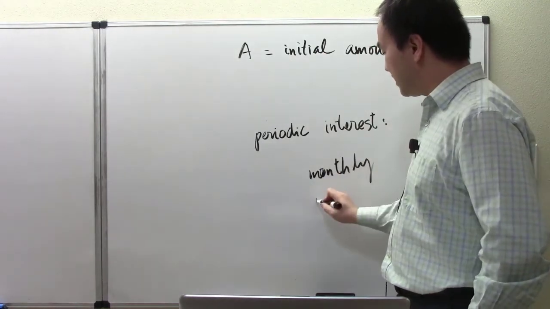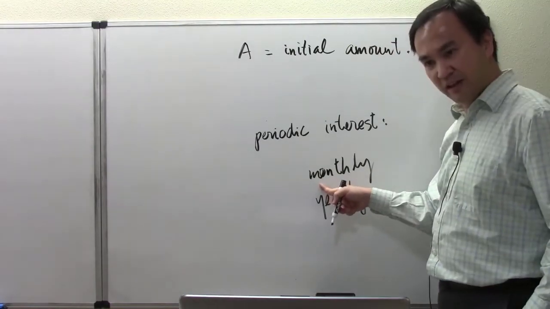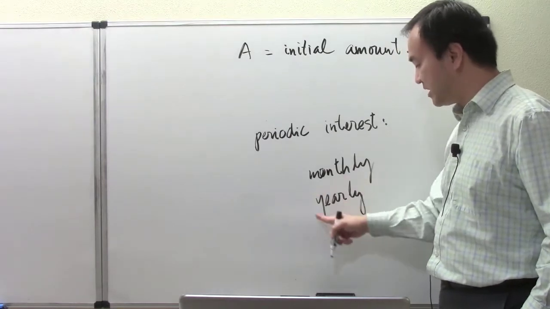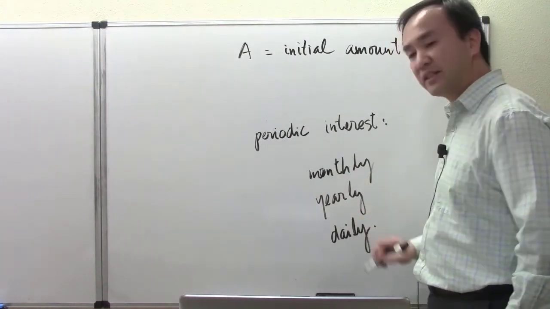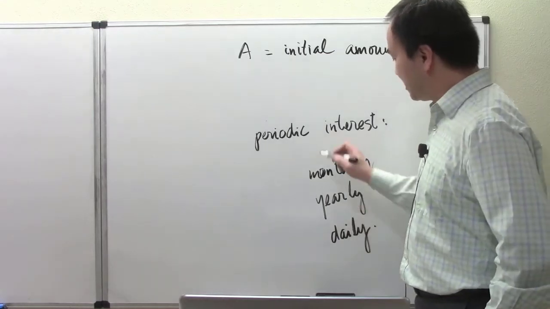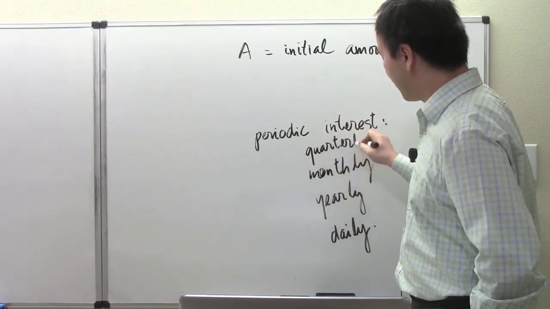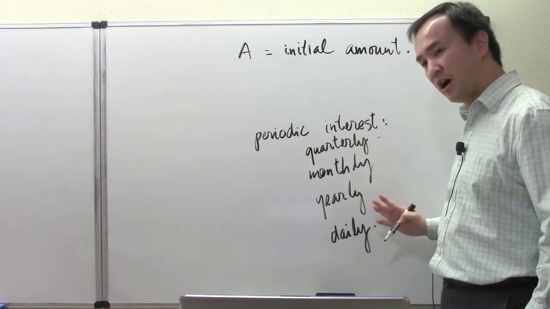It could be yearly, meaning we earn interest every month if it's a monthly plan, or every year if it's a yearly plan, or we can earn interest on a daily basis. Or we can earn interest quarterly, meaning every 3 months. There are so many different plans out there that the bank can offer you.